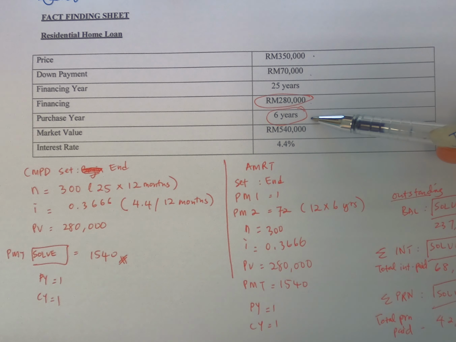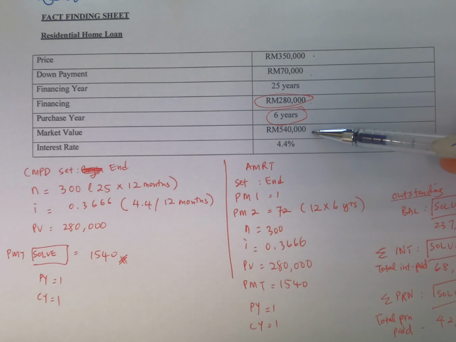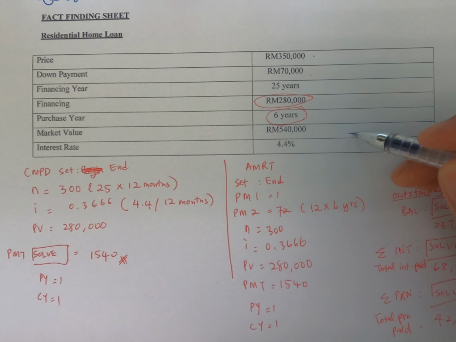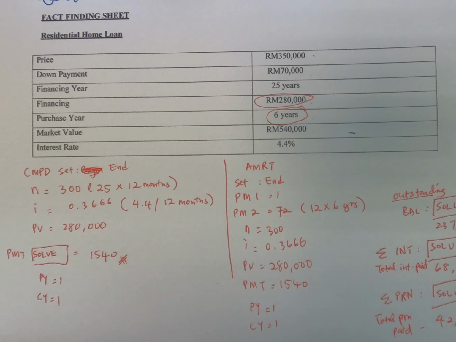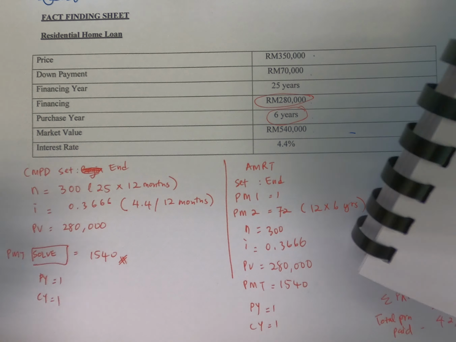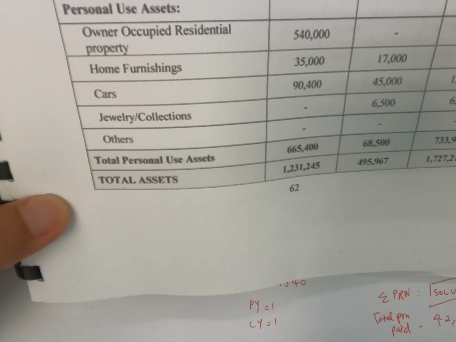The house has been bought 6 years ago, and the current market value is 540,000, and this is the figure, the market value, that you should include in the personal use asset in the fact finding sheet, net worth statement. I show you the location or the place.